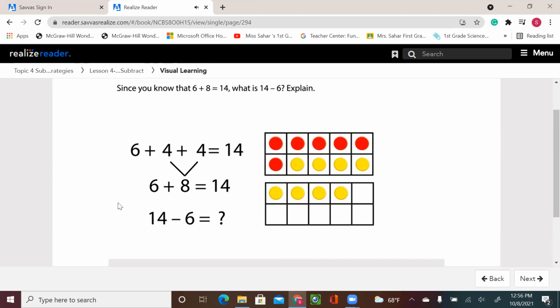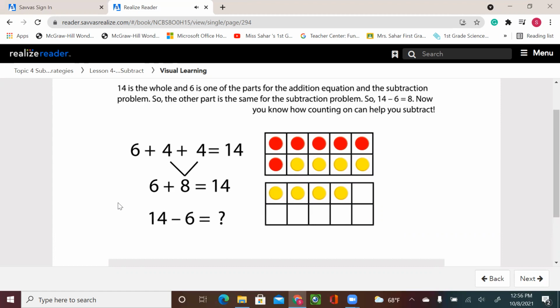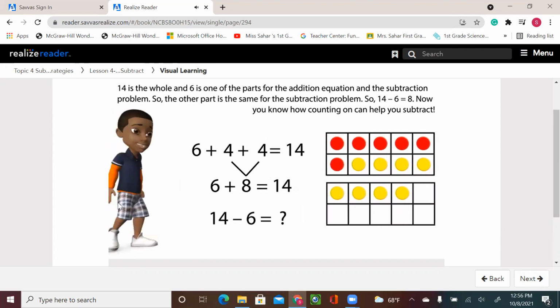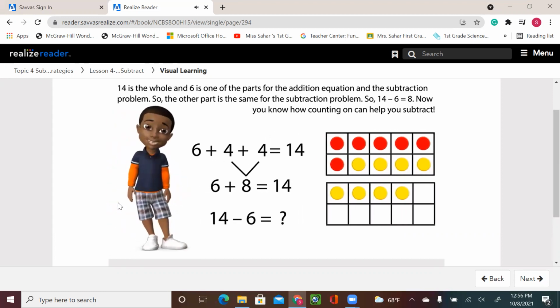Explain. 14 is the whole, and 6 is one of the parts for the addition equation and the subtraction problem. So the other part is the same for the subtraction problem. So 14 minus 6 equals 8. Now you know how counting on can help you subtract.